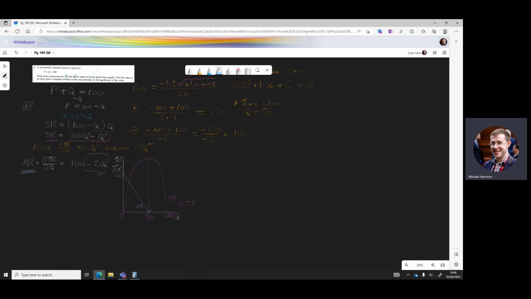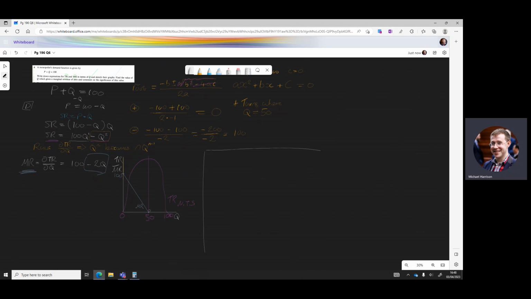Now, I can probably say I've answered the question here because I've actually drawn a diagram, but I'll give a bonus piece of working, and I'll give you the bonus because you might not always draw the diagram.